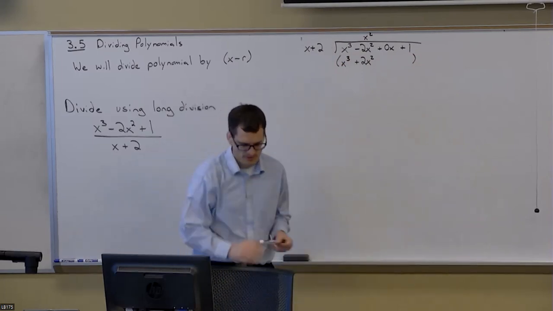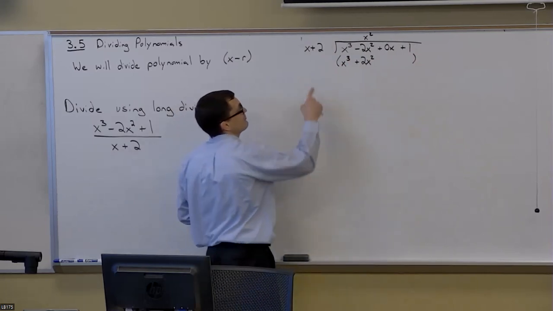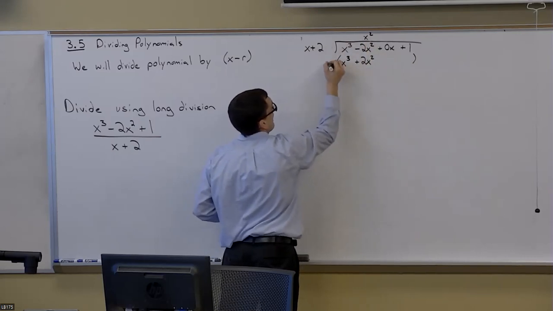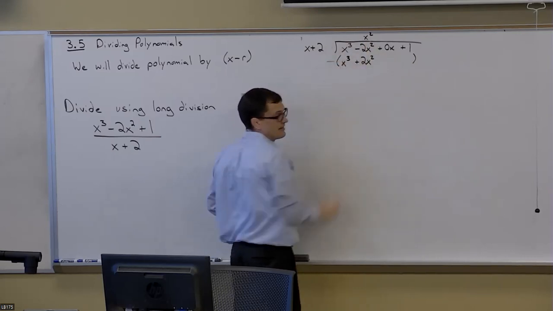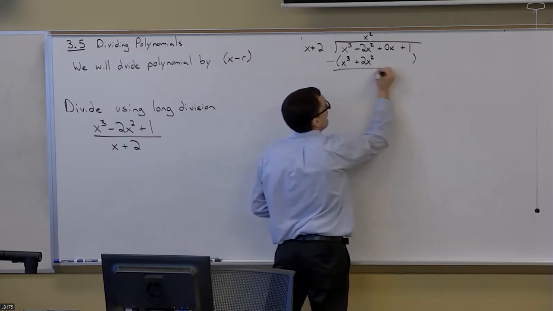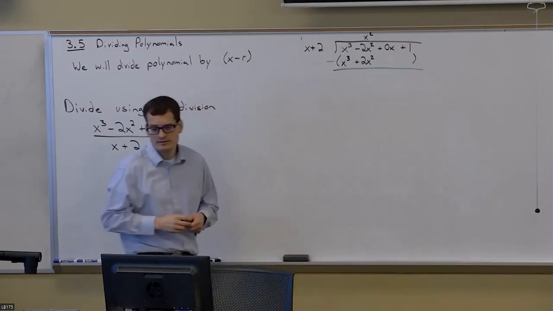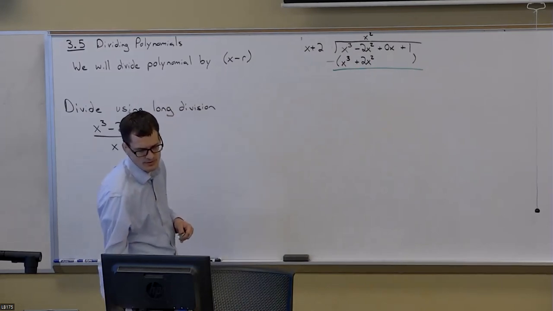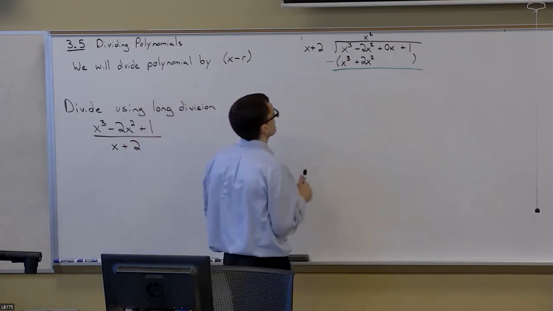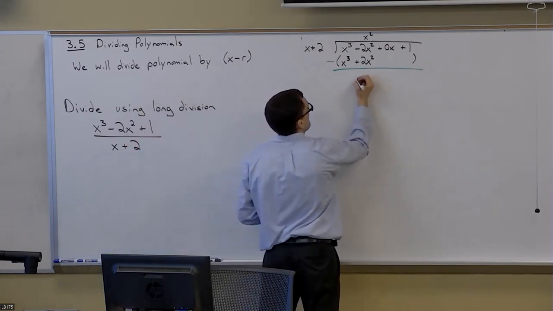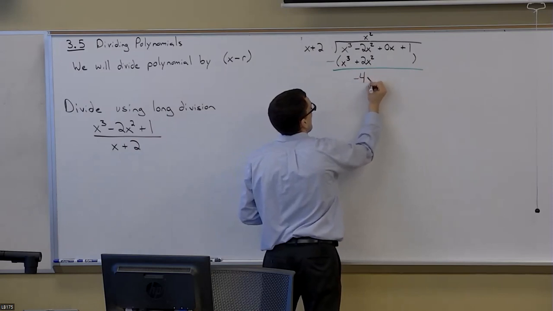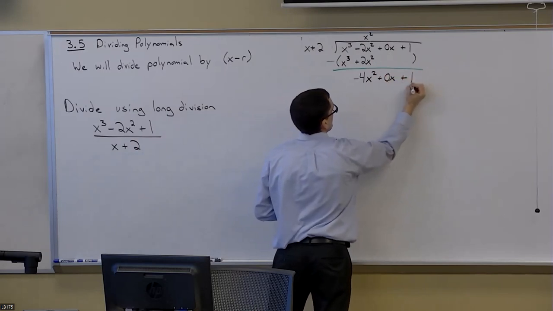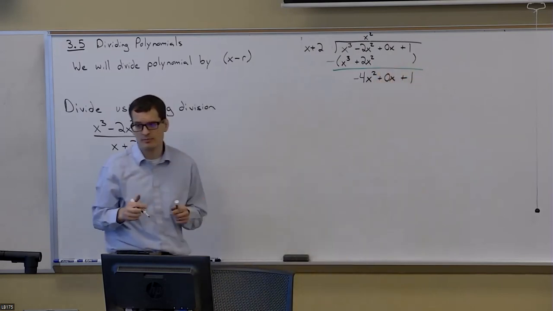When we do that, I'm going to subtract this whole line. I get negative 4x squared plus 0x plus 1.